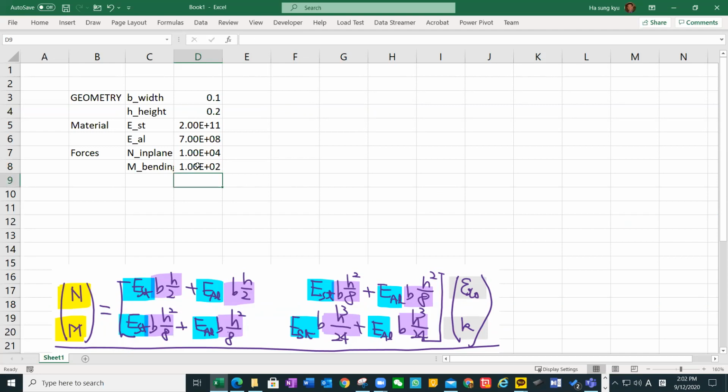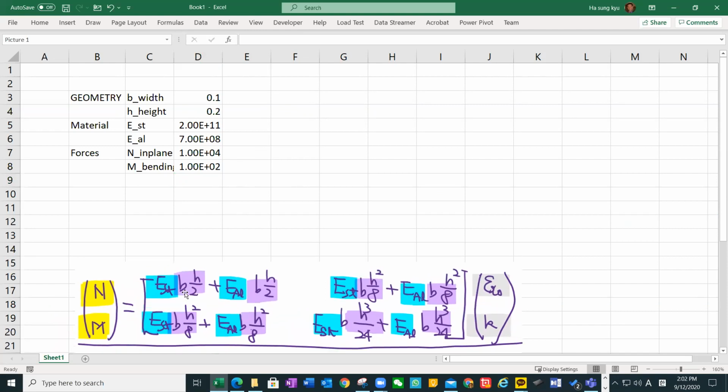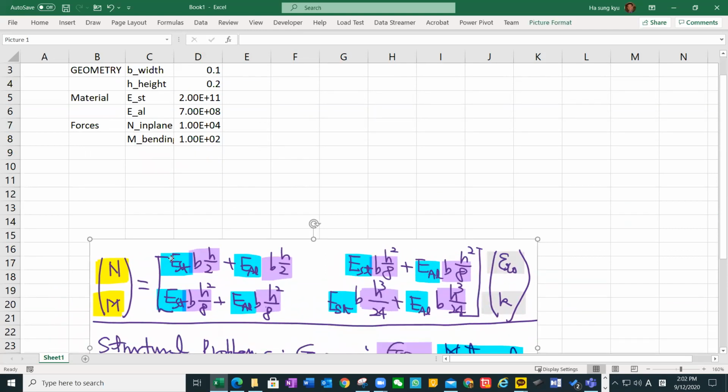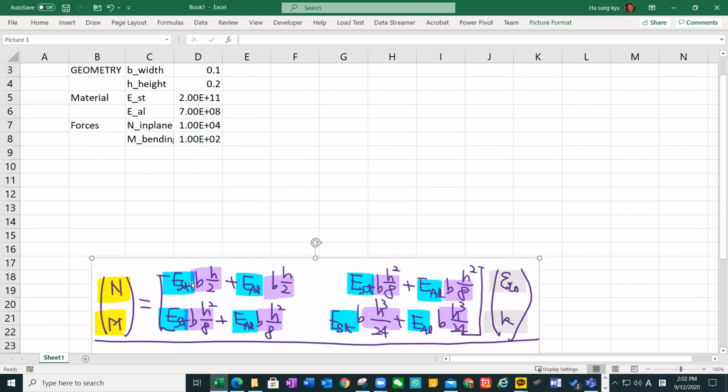Okay, this is just an arbitrary value we picked to get some numbers. And now we have these equations, and for this 2 by 2, let's define this one as the 2 by 2, which will have these terms.